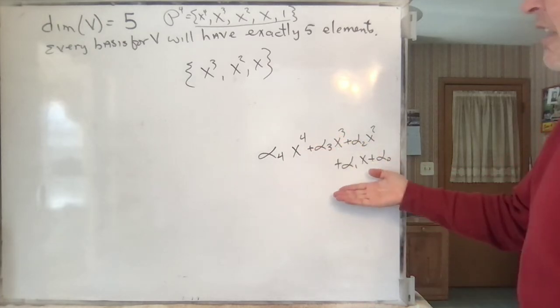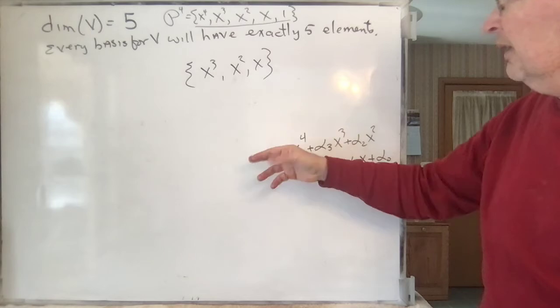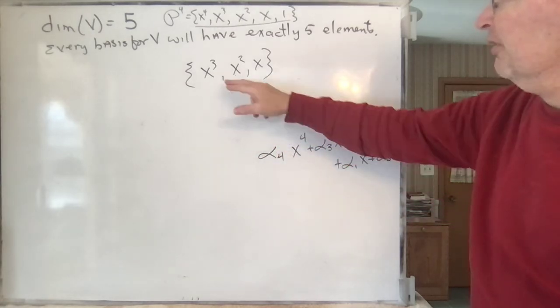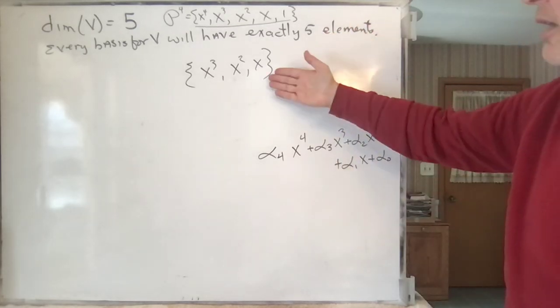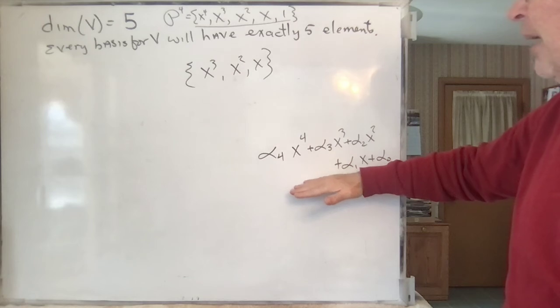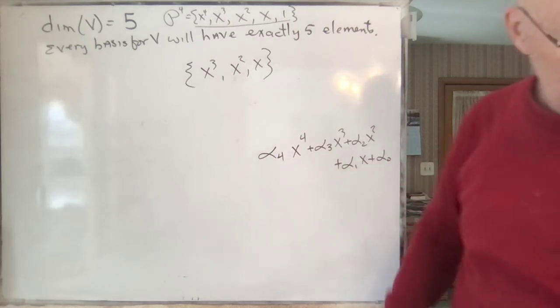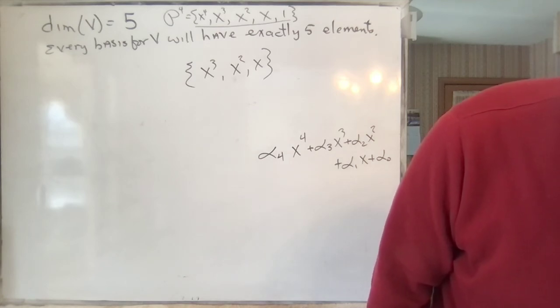Can I get everything of that form if I only have these 3 vectors? No way. I won't be able to get anything with a constant in it. I won't be able to get anything with an x to the 4th power in it. So if I have less than 5 elements here, there's no way that I can span the entire set. It's impossible. So that answers number 3.